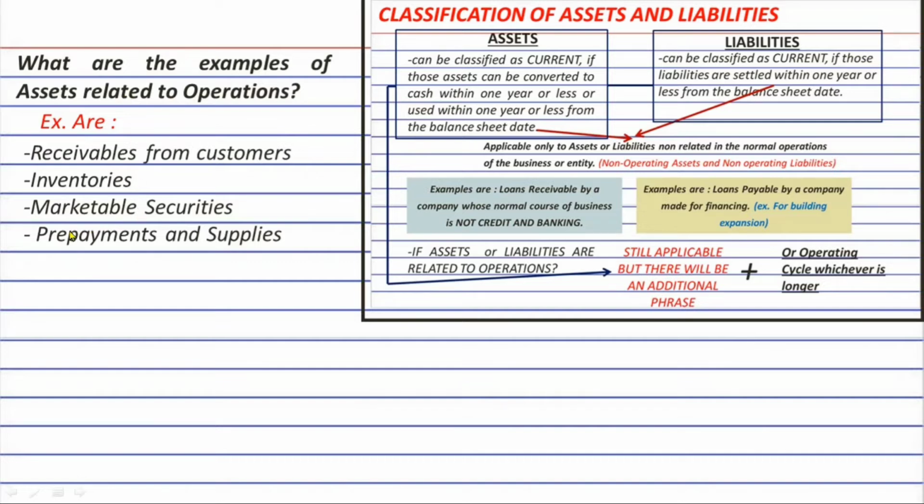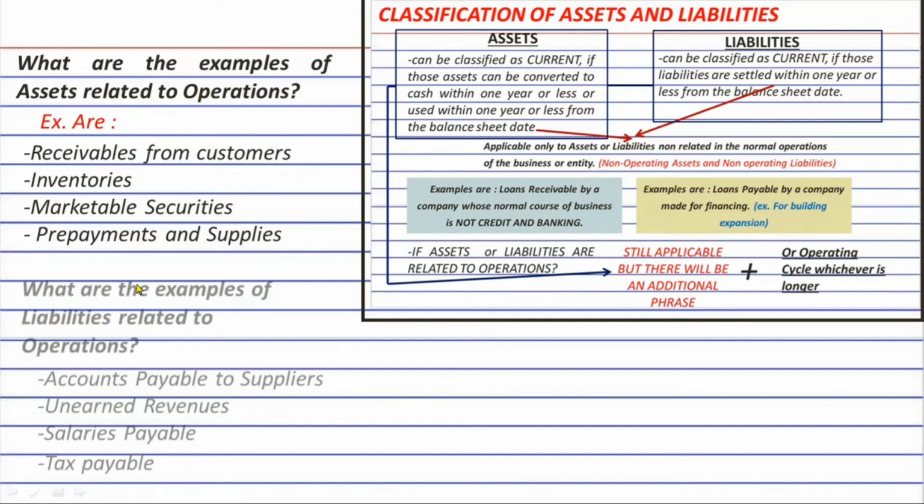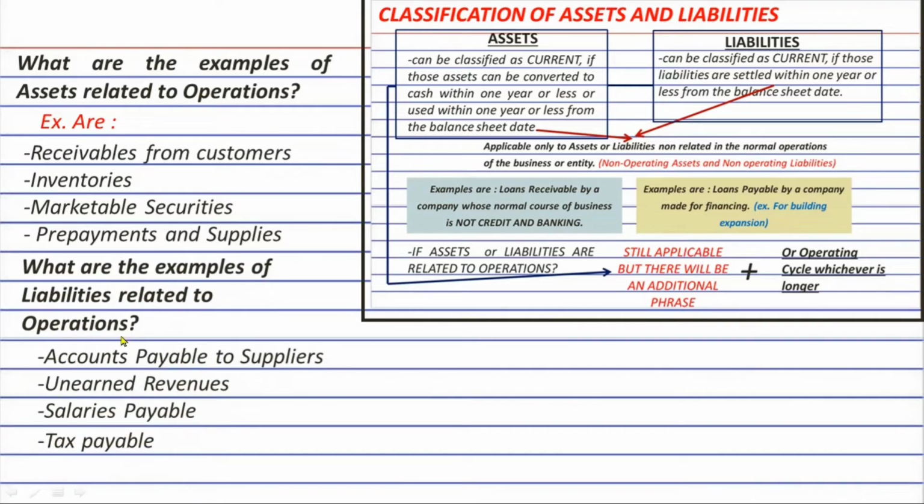Okay? We have other examples right here, which are the supplies and the prepayments, like prepaid rent or prepaid insurance. Those are the examples of assets related to operations. Now, how about liabilities related to operations? We have examples like accounts payable to suppliers, unearned revenues due to cash advances given by customers. We have salaries payable of your workers, or taxes payable.